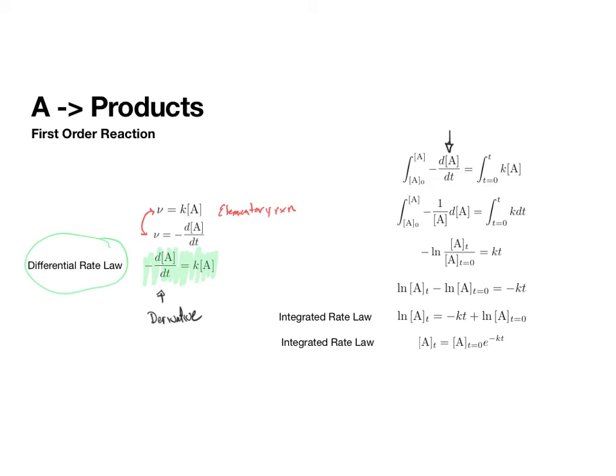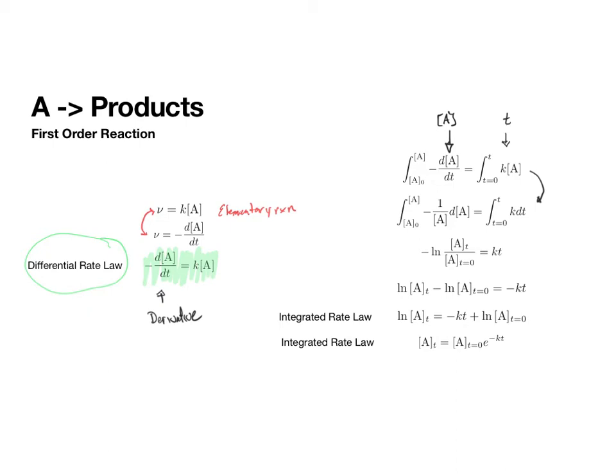On this side of the equation, I have the concentration of A, and on this side, I have t. So we rearrange so that we can multiply both sides by dt, giving us this expression. And now this is an expression that can be integrated.